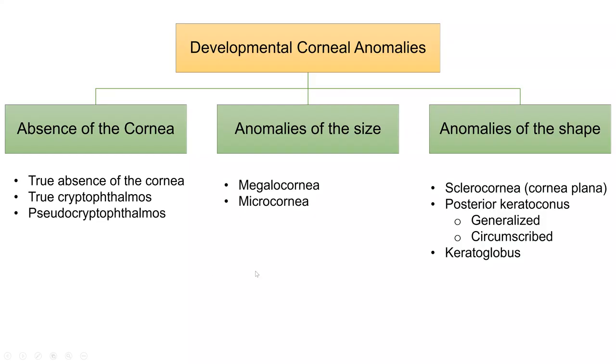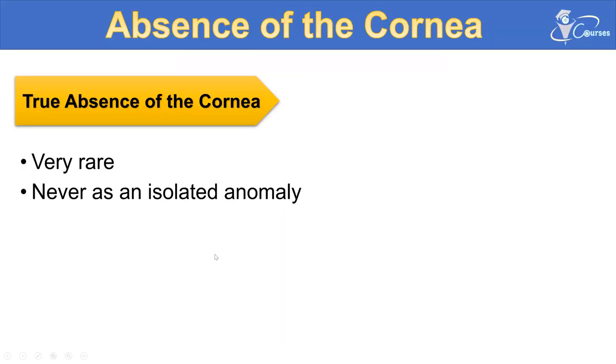So let's go through each of those anomalies and see the hereditary pattern and the clinical features, starting first with the absence of the cornea.